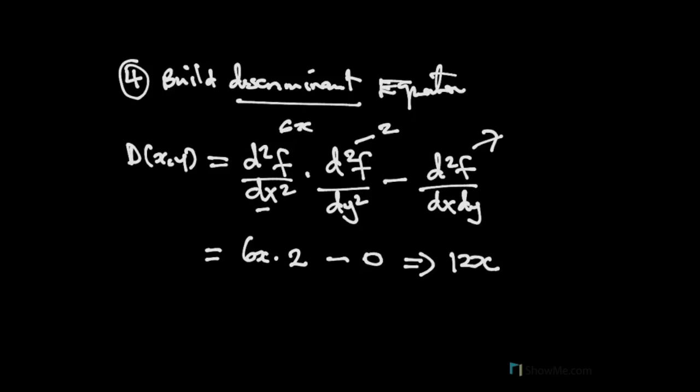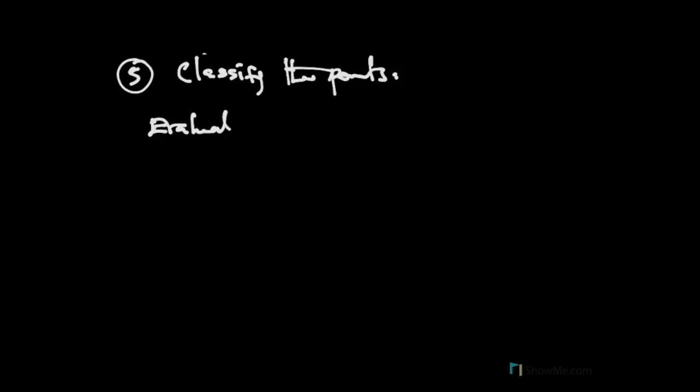So let's go to step 5, which is the last one. So we have to classify all the points. And for this to happen, we have to evaluate D at the critical points, or the points we found already.